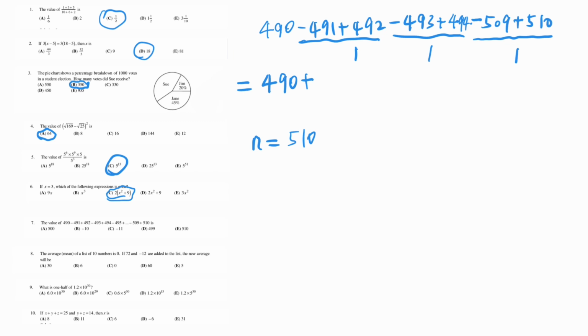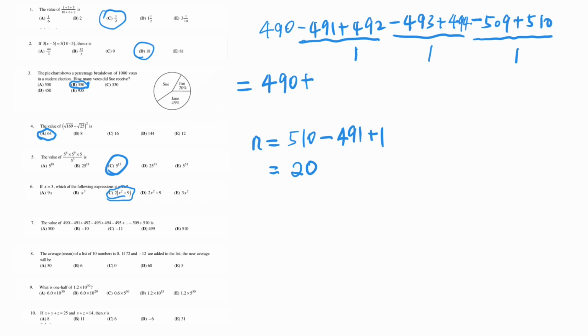We use last number minus first number plus 1. That gives us 20. So from 491 to 510, that's 20 numbers.